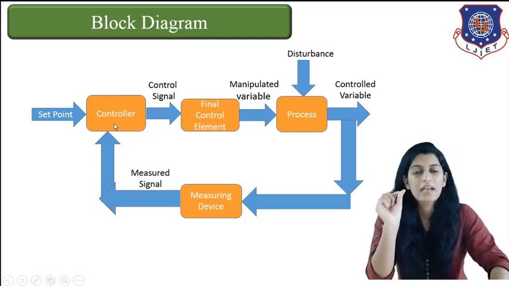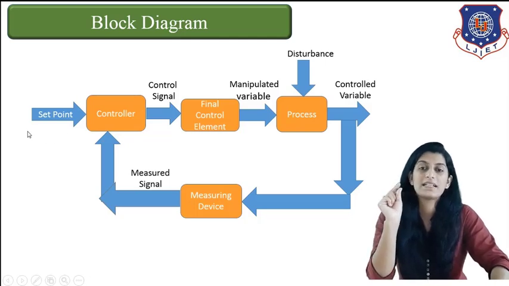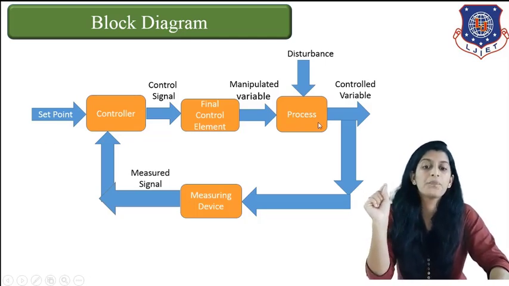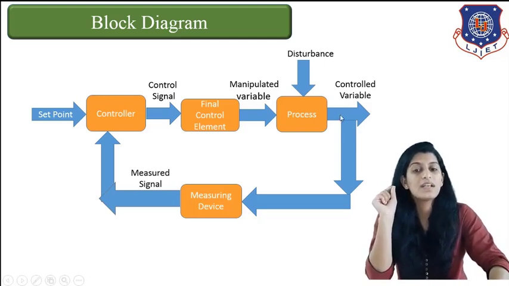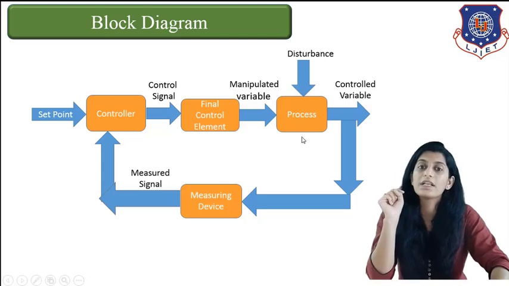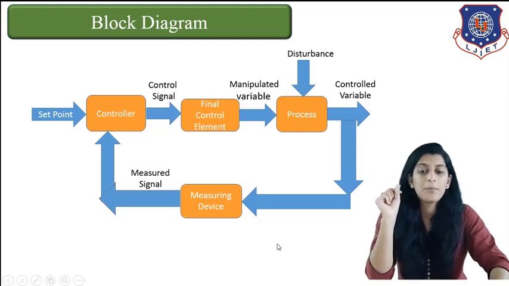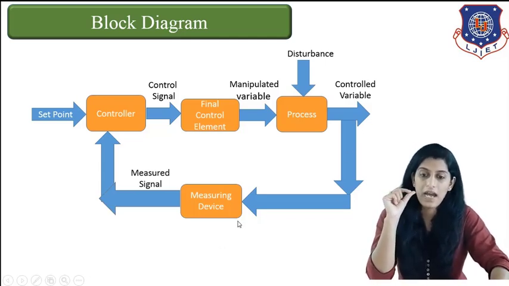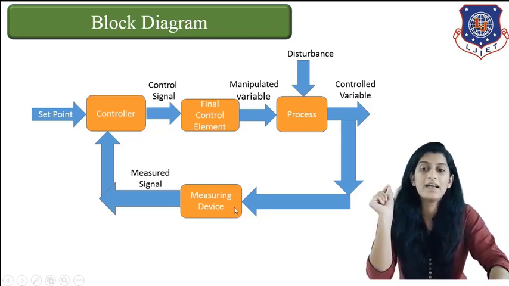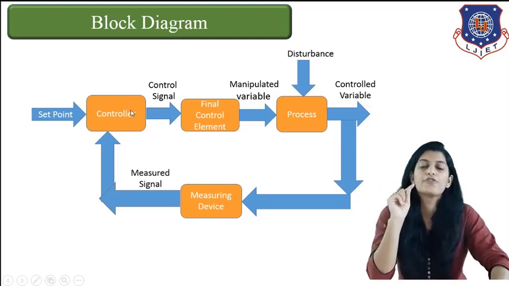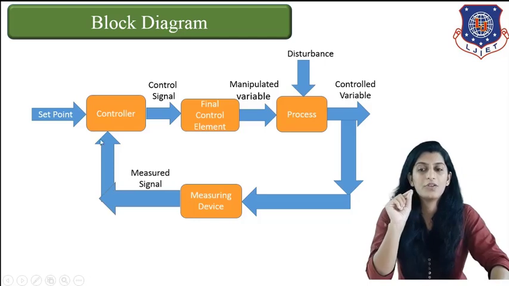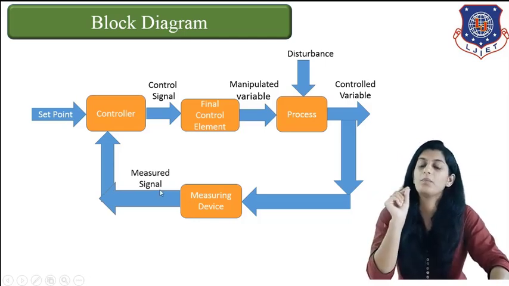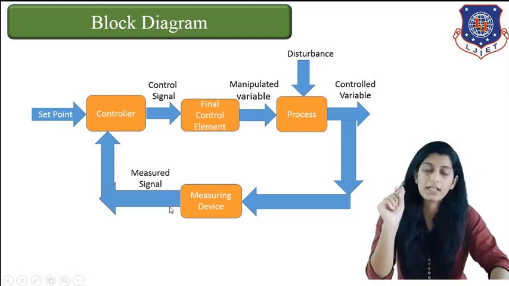Controller will compare our set point, that is our desired value, and the outlet given by our system. So the outlet stream which is coming out of the system is measured by a measuring device, and that measured signal is sent to the controller. So the duty of the controller is to compare both the values, that is set point and measured signal, correct?